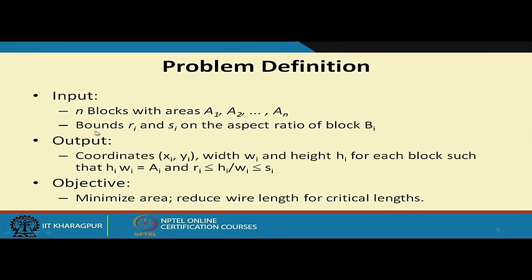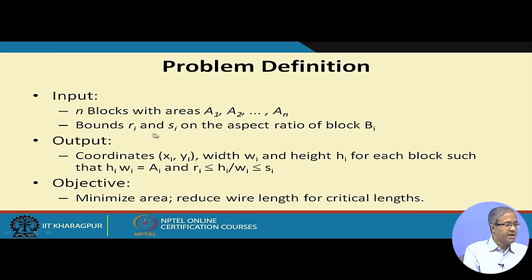Fixed means I know the width and the height of the block. For other blocks, I know how many gates or transistors are there, which means I know the area, but my height and width are still flexible, so I can adjust them. My area is given. Those are called flexible blocks. And we can have some bounds on the aspect ratio. Aspect ratio means height divided by width.